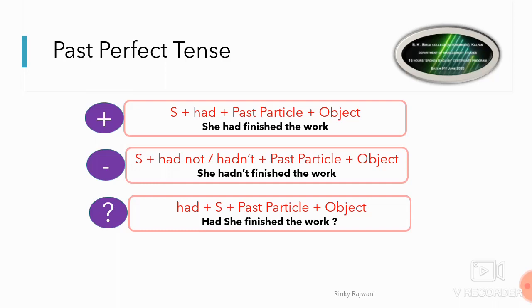That is a positive one. The negative one will be she had not finished her work, or she hadn't finished her work. Question: had she finished the work? So had will come before the subject in case of a question. This is what past perfect tense is about.